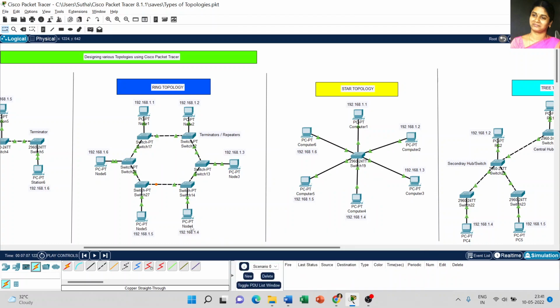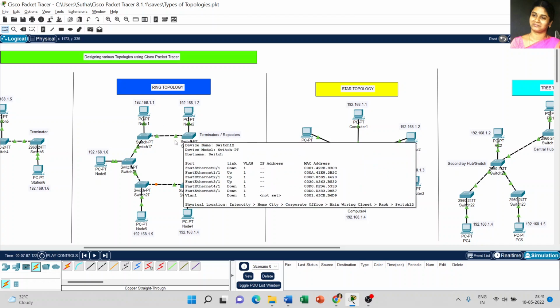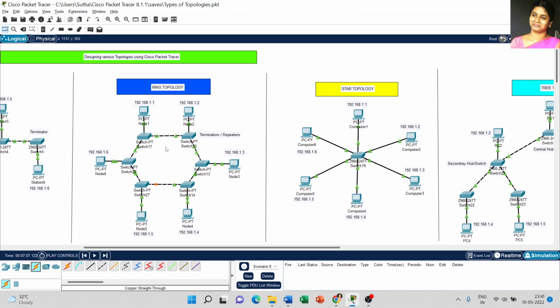We have two types of data flow in a ring topology: unidirectional or bidirectional. If it is unidirectional, the data is transferred in only one direction. For example, node 1 tries to send data to node 4.